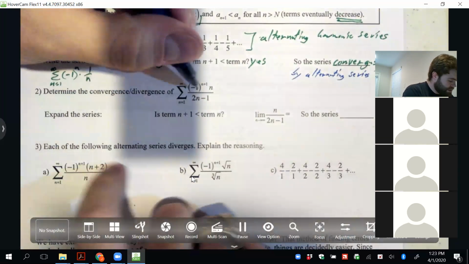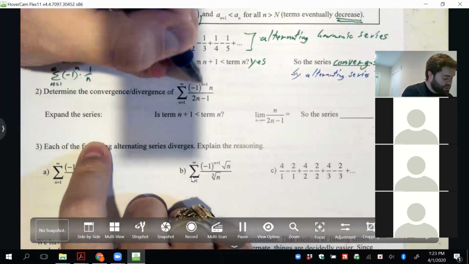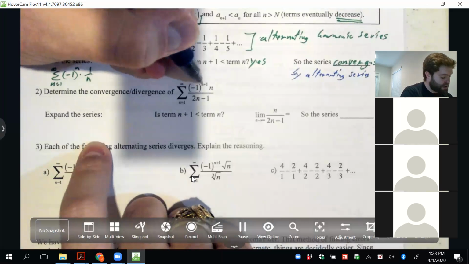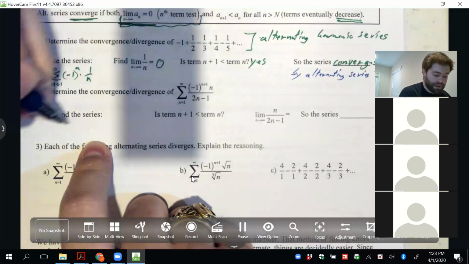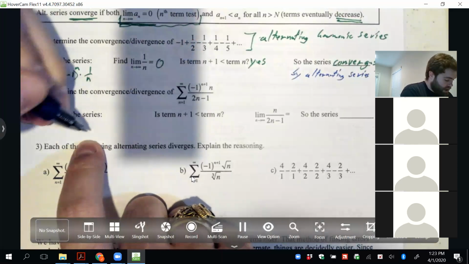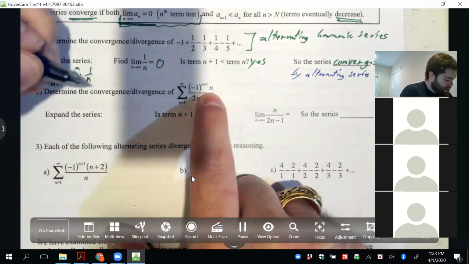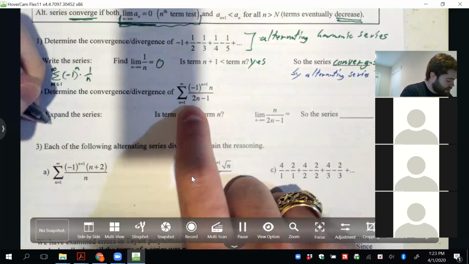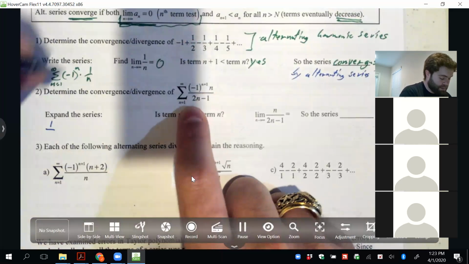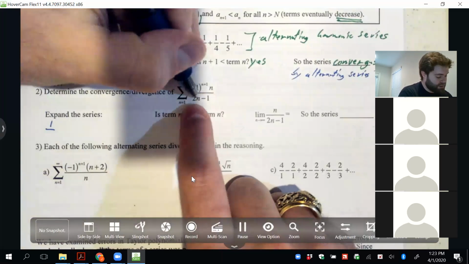So when n is 1, that would mean -1 to the 1 plus 1 power, so -1 squared. So that's going to be positive. So our first term is positive, times the 1. We just have a 1 on top. Then on the bottom, we have 2 times 1 minus 1.